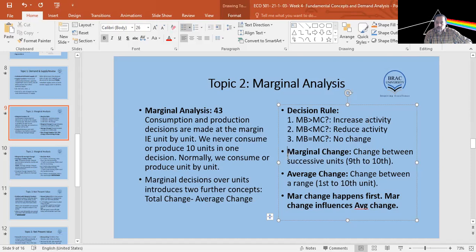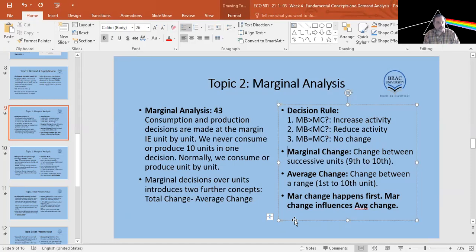Now, marginal change is nothing but the change between two successive units. We have produced 9 units or consumed 9 units. Now we are going to produce or consume the 10th unit. So as we do that, the marginal change is the change that we observe between two successive units, i.e. from the 9th to the 10th unit.